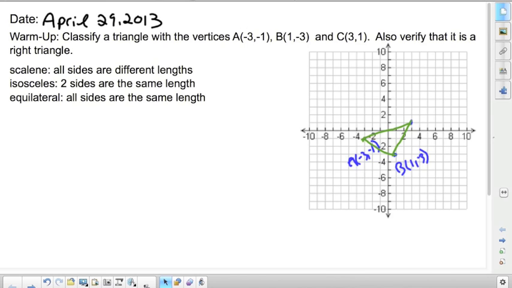Okay. So since we're just dealing with side lengths, talking about classification of side lengths, it's just our length formula. So I'll label my triangle like we normally do from trigonometry, A, B, C. So let's do A first. A is the square root.